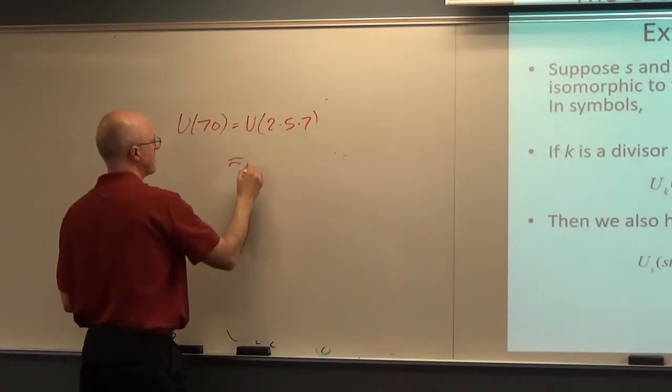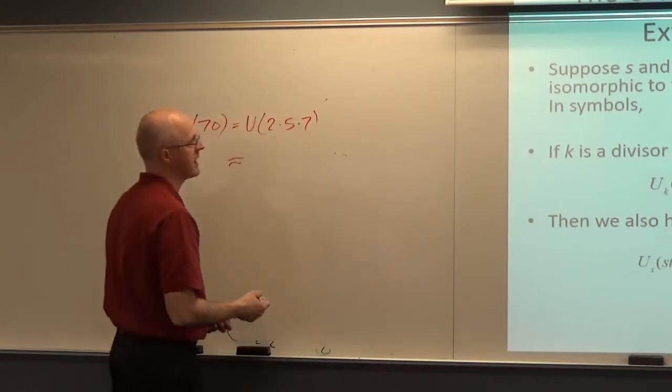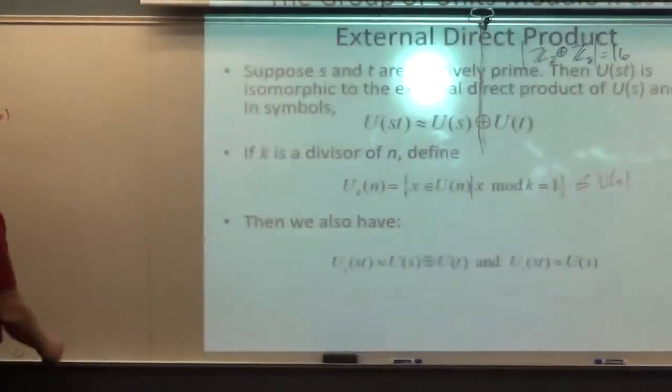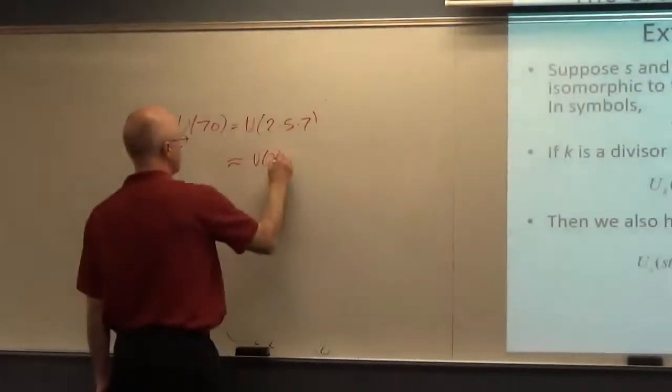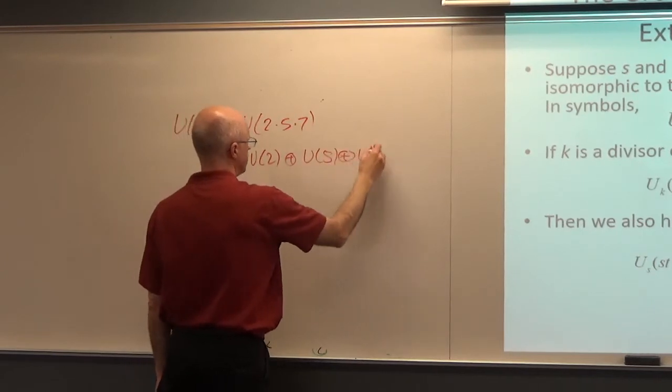So according to the extension of this fact to the product of more than just two things that are relatively prime, this is going to be isomorphic to U2 external direct product with U5 external direct product with U7.